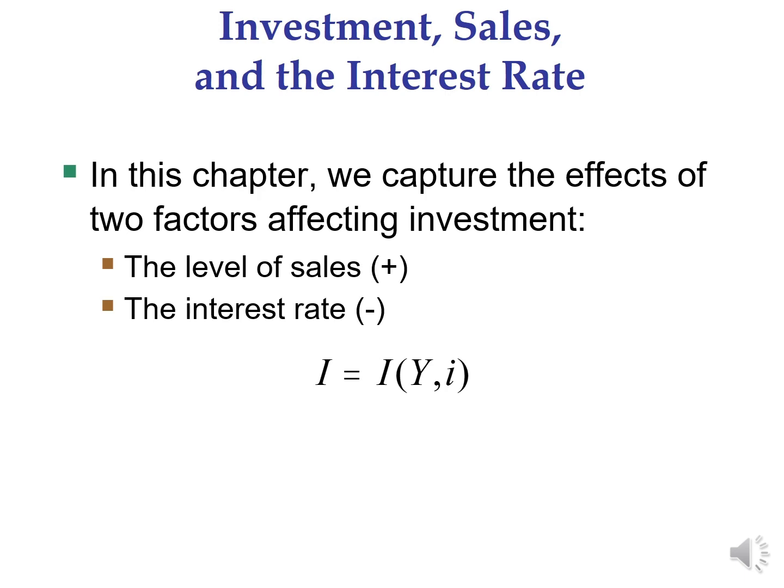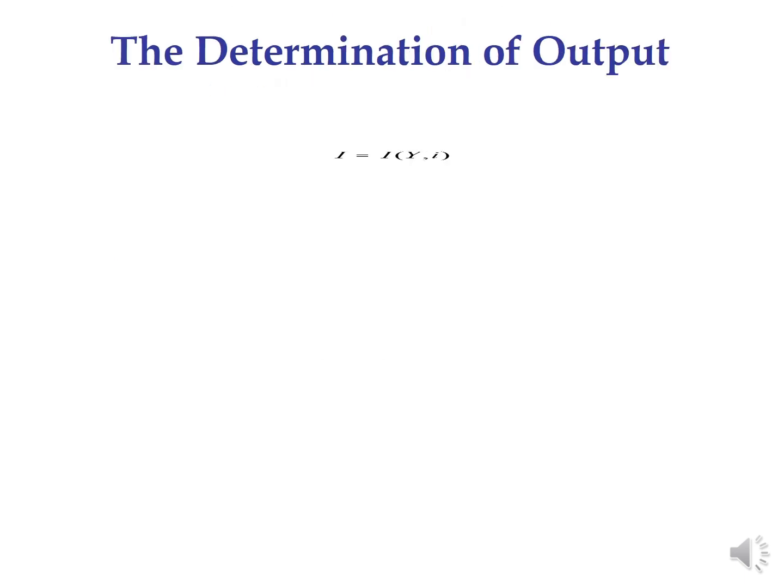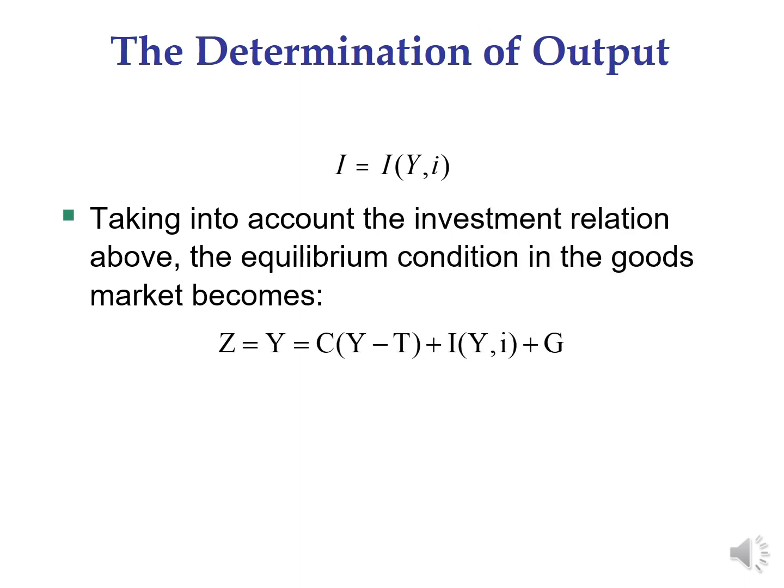Investment, sales and the interest rate. In this chapter, we capture the effect of two factors affecting investment. Number one is the level of sales. The second one is the interest rate. So investment I is a function of output Y and the interest rate i.